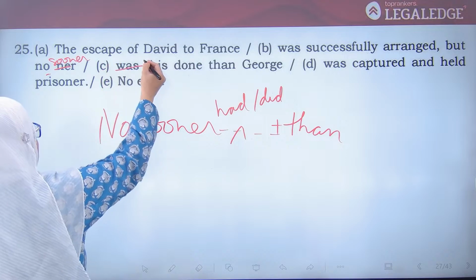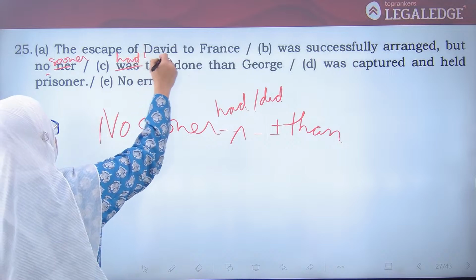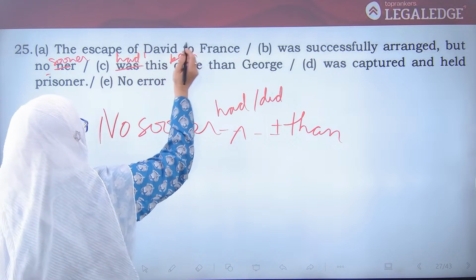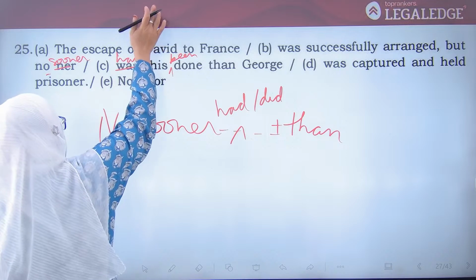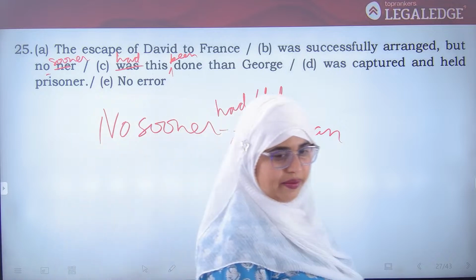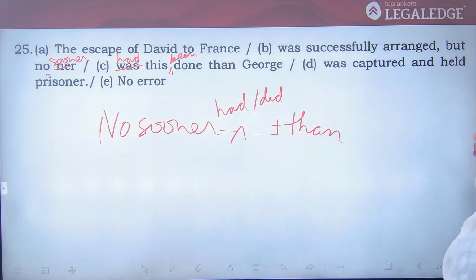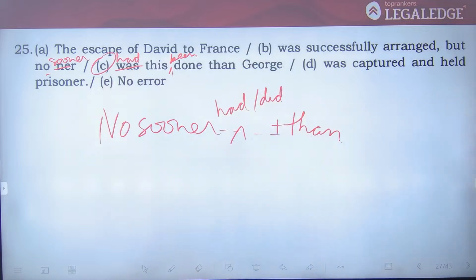Wrong. It has to be had this been done. All right. No sooner had this been done. Third part, option C is erroneous.